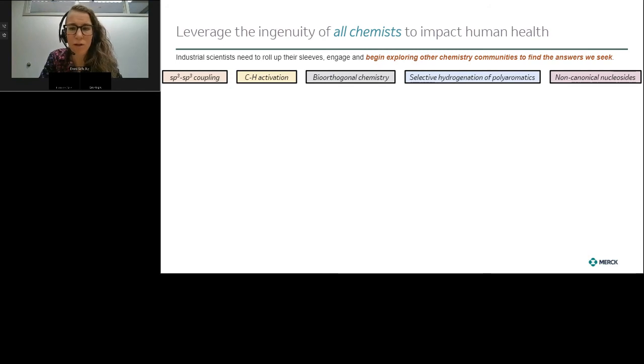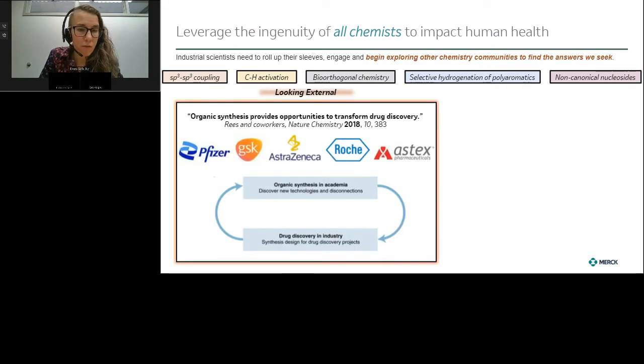But ultimately, how do we find better ways to tap into this space? Well, if you look, there's a few different places to go. You can look external, and in fact, Reese and coworkers, along with a variety of other chemists and leaders in different pharma companies, co-authored this really great Nature Chemistry article in 2018, where they made the connection that there is a tremendous amount of really exciting synthetic organic chemistry occurring within academia.